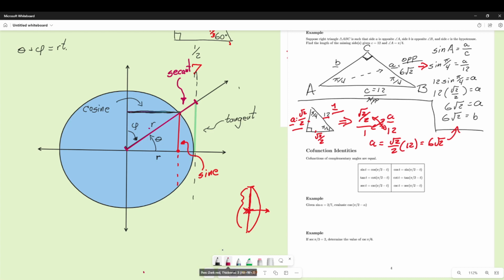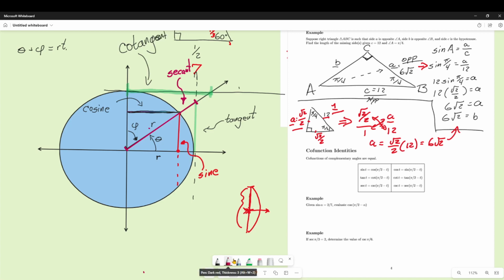Similarly, we could make a line tangent to this circle up here, and this length, it's the same kind of tangent value, but it's the tangent value for the complementary angle, or the cotangent.